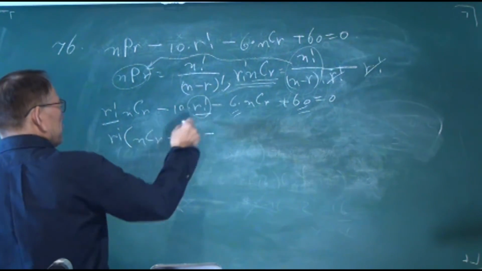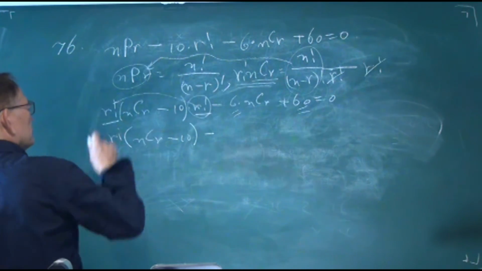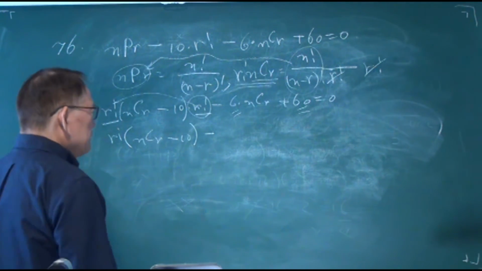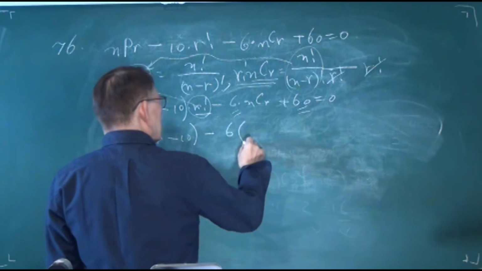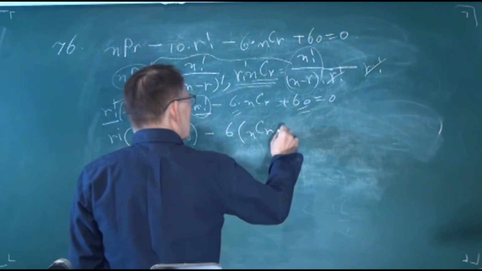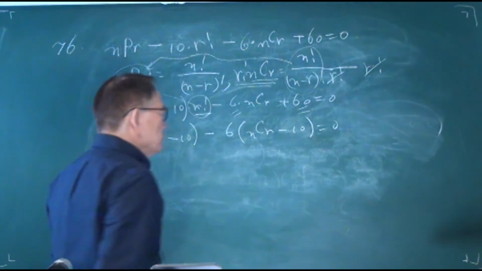We factor out this one here. And here we have 6 and 60, the common factor will be 6. Then we have nCr minus 10 equal 0.